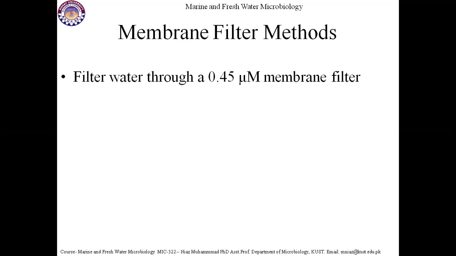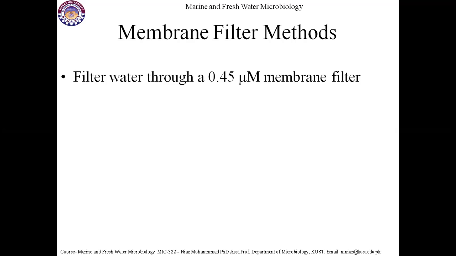Filter water through a 0.45 micrometer membrane filter. What we are doing is taking a filtration assembly where we are fixing a 0.45 micrometer filter, or we are keeping a smaller pore size membrane. We can also put 0.25, 0.2, etc. Whichever type of membrane is desired, we can put in the filtration assembly.